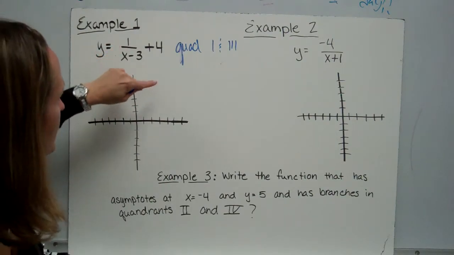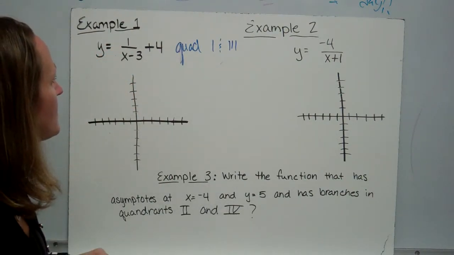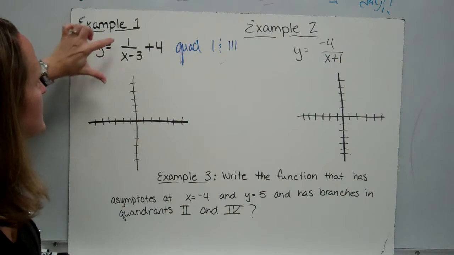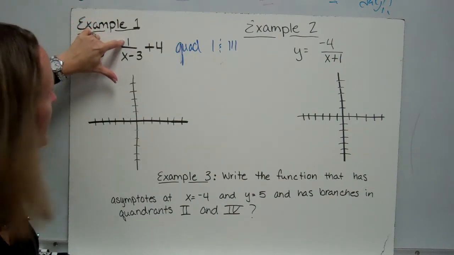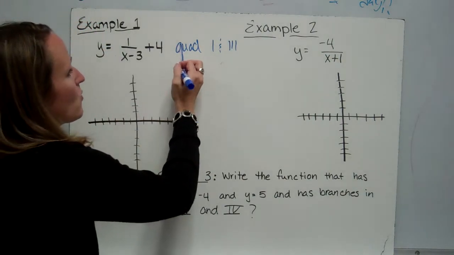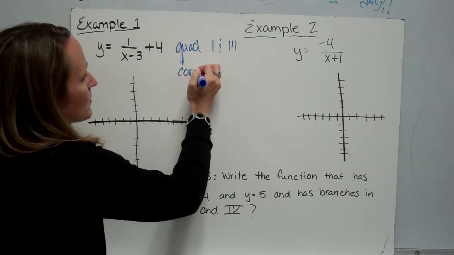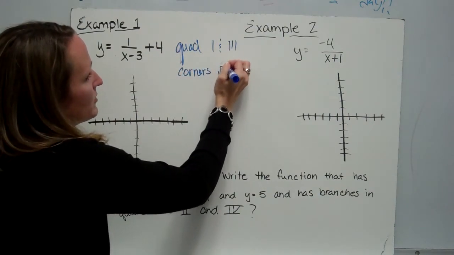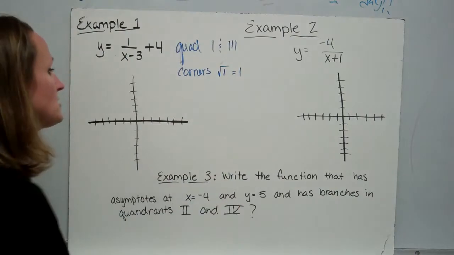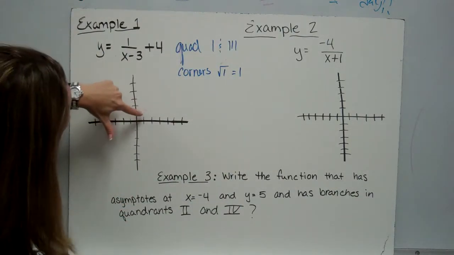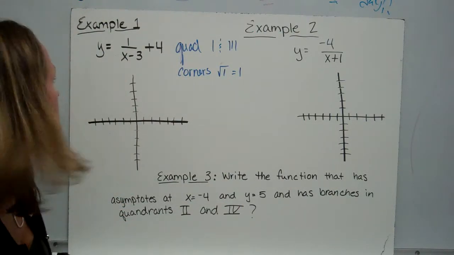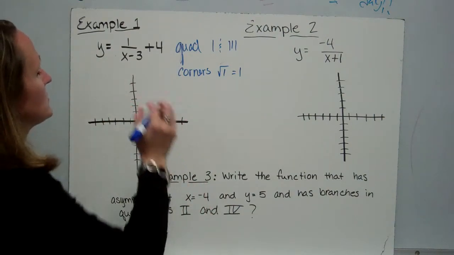Since it's not negative, it goes here and here. Then I notice that my A or my K value is 1. So to find my corners, I'm going to take the square root of 1, which equals 1. So that means when I put it on there, it's just barely going to be off of my asymptotes. Now, what are my asymptotes?